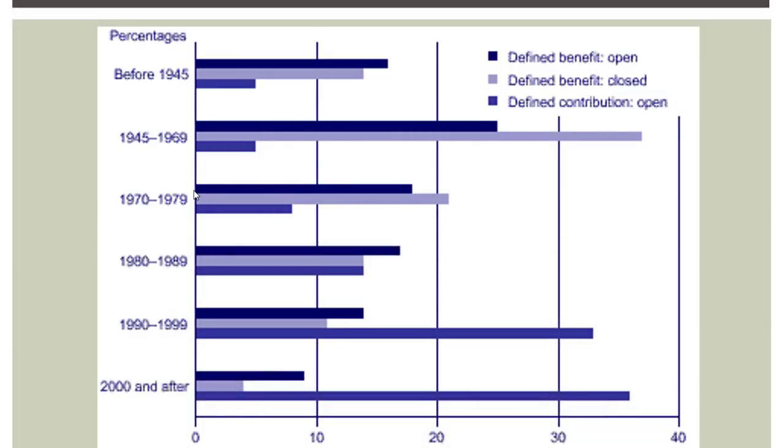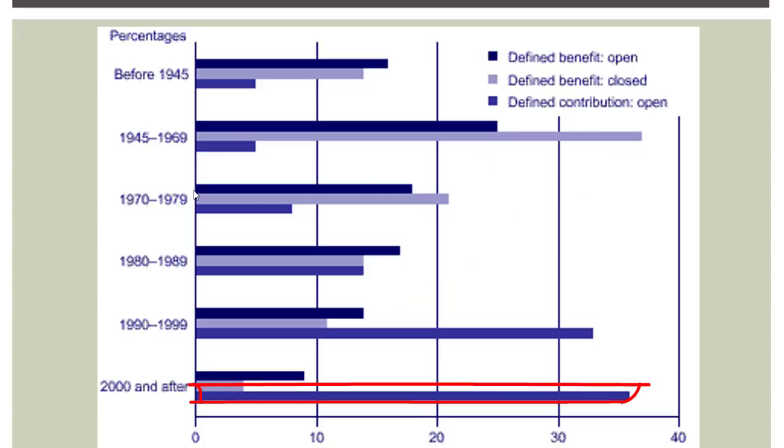And what you see here is it starts to drop in quantity. So we see less and less of those defined benefit plans as we move into the 70s, and then it drops again into the 80s, it drops again into the 90s, and now in these 2000s and on, look at how much smaller it is relative to the defined contribution plans.